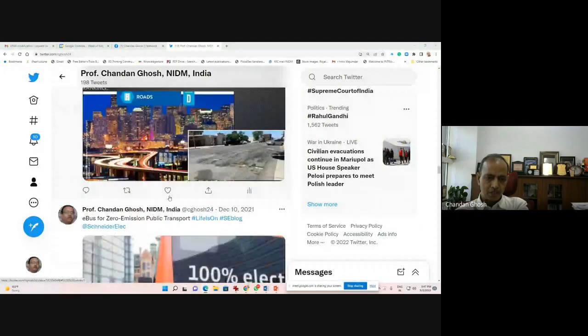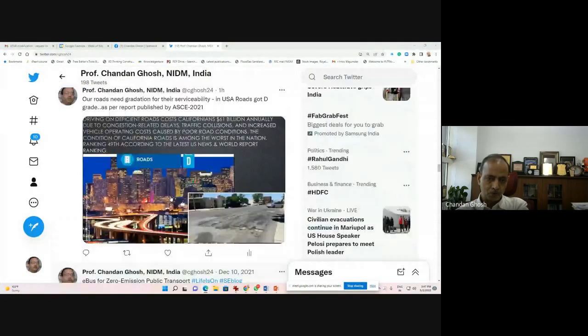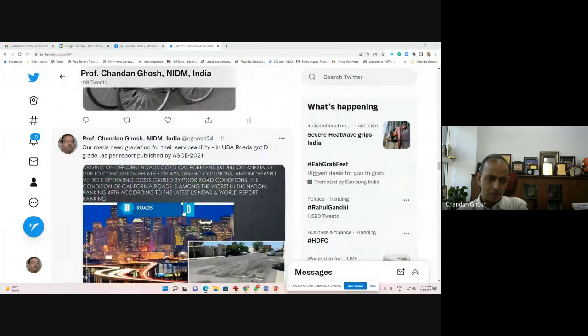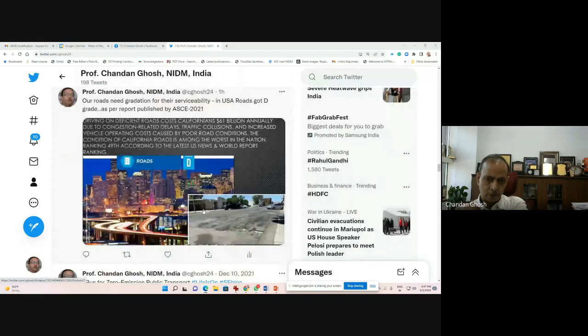Of course, these are various examples that I wanted to show, that the road is graded as B, even less than C, and then how the road conditions are in America. And for all the states, all the 50 states, they have been able to categorize the road condition, based on which they have given this grade and that grade.